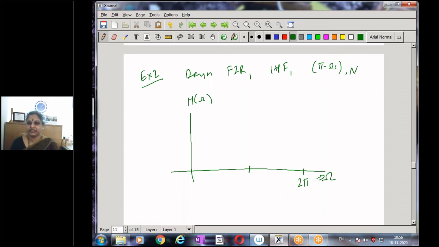In this case, we shall take the interval from 0 to 2 pi. And what we are given is the cutoff frequency of the filter. The high pass cutoff is given as pi minus omega c. And hence by symmetry, this is going to be pi plus omega c. So this is the specification that is given.